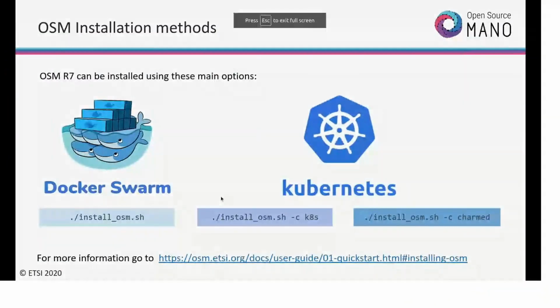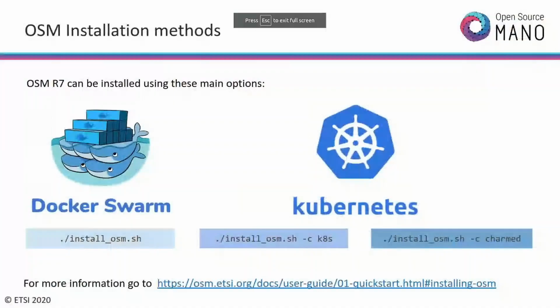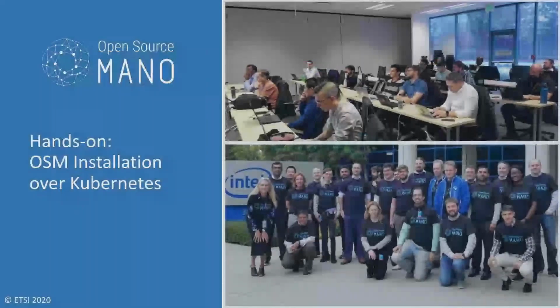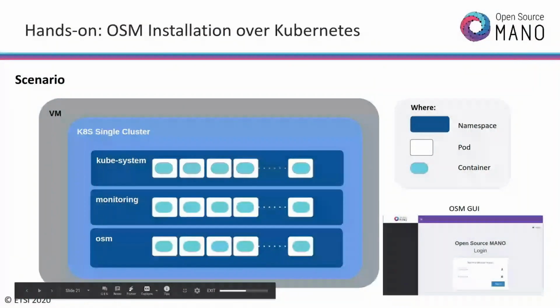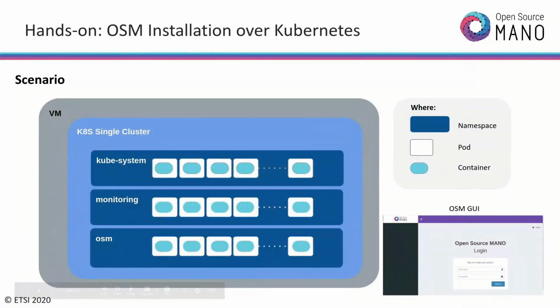Okay, this was a summary of our main installation method. Now, what we have is the first hands-on, where we're going to install OSM over Kubernetes. So here in this slide, I'm showing the scenario of our installation over Kubernetes.